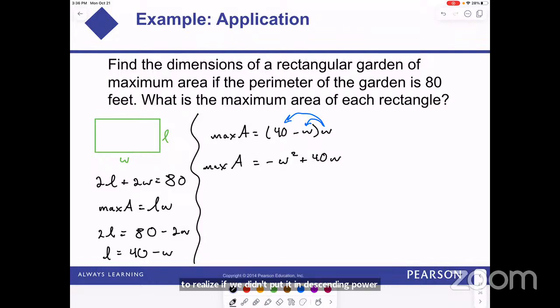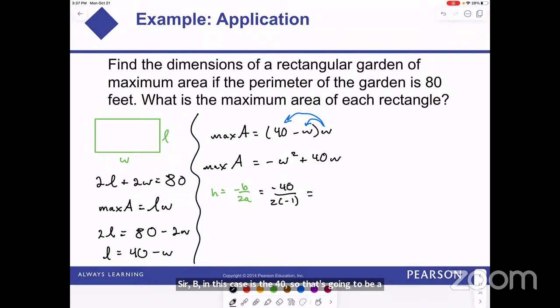So we should have a U-shaped curve that's opening downward. That means we should have a maximum value, and that should occur at the vertex. So we're going to use our vertex formula, negative b over 2a. Our b in this case is the 40, so that's negative 40 over 2 times -1.